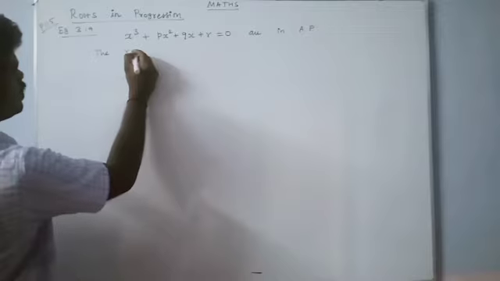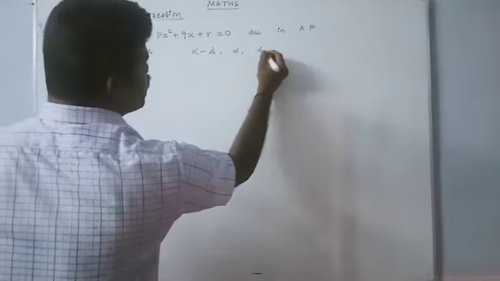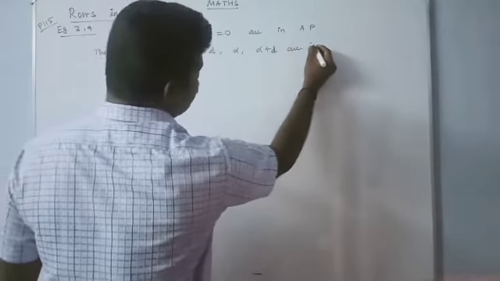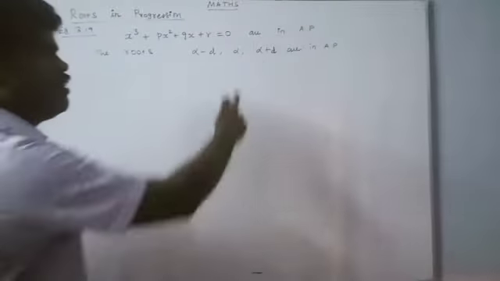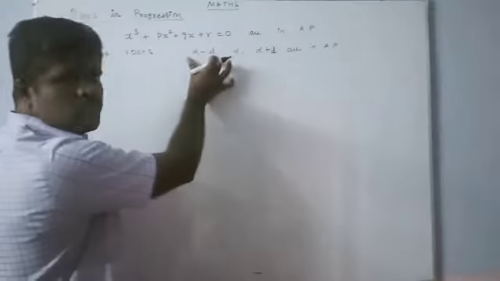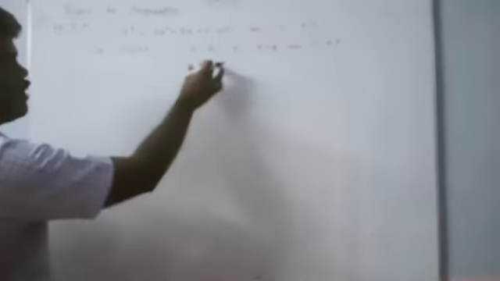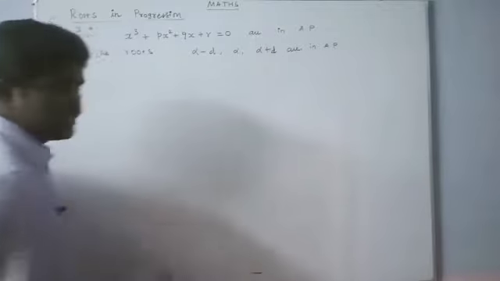The roots alpha minus d, alpha, alpha plus d are in AP. We assume this one is the first root, this one is the second root and this one is the third root. So we consider these as alpha, beta, gamma.